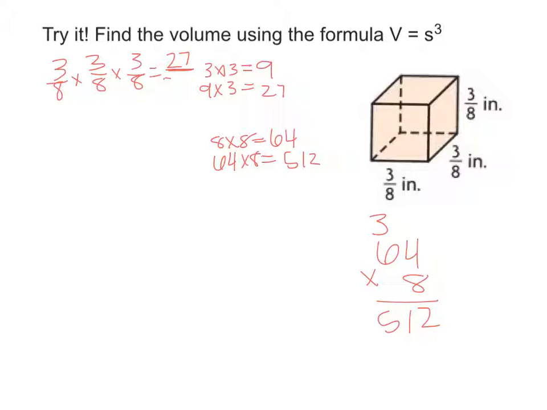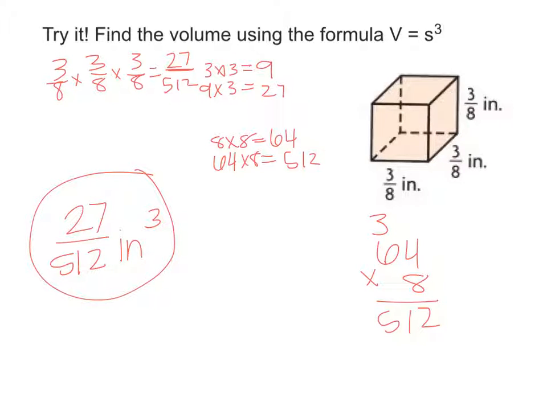And that becomes my denominator. Now because I didn't have any cross canceling, that means I am simplified as much as possible. So that is correct, and I even double checked with the book that 27/512 inches cubed is the correct answer. I know, it's a weird one, but it is correct.